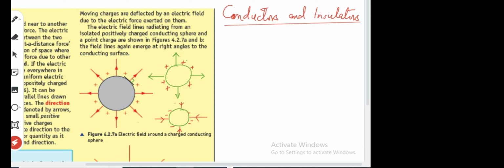Remember, electrons are transferred from the hair to the pen, so the pen becomes negatively charged, because it gained electrons, while the hair becomes positively charged because it lost electrons.